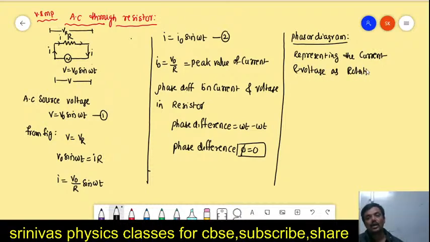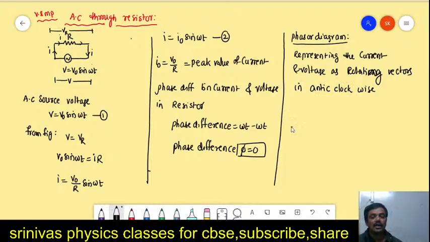If you indicate the current and voltage as rotating vectors in anti-clockwise direction, then such a diagram is called the phasor diagram.